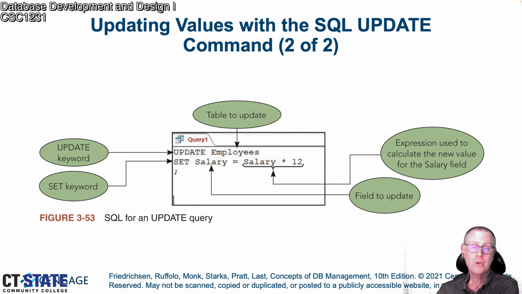And the reason it won't let you do this is this update is going to be applied to every row in the database, every row in the employees table, to be precise. And sometimes you don't want to do that. So what they do is they also require that a WHERE condition is applied to the update query.